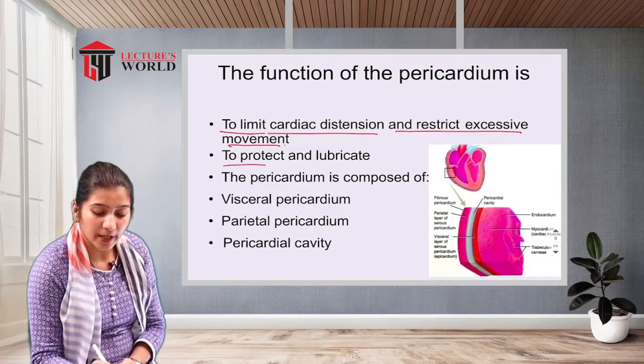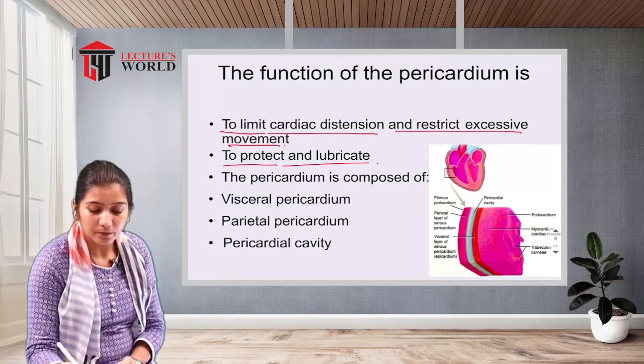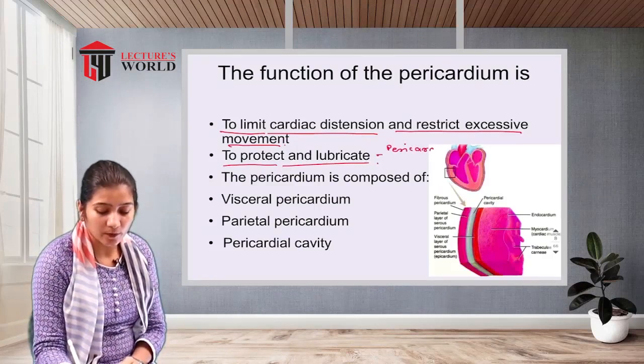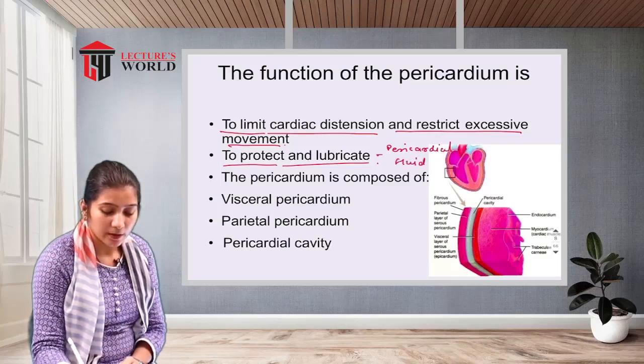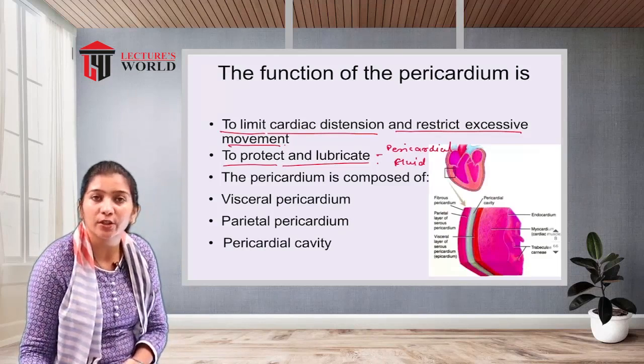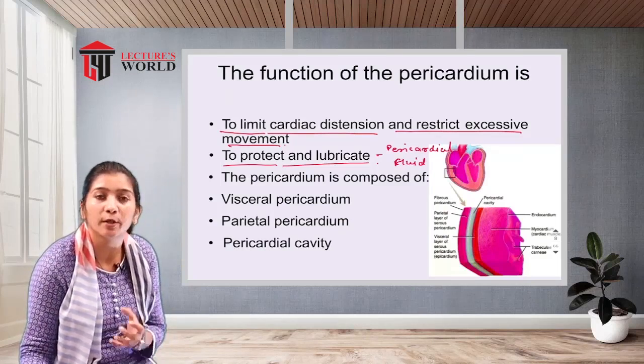Next is to protect and lubricate. Because of the presence of the pericardial fluid, that fluid helps protect the heart from friction and from jerks, and it lubricates the heart.